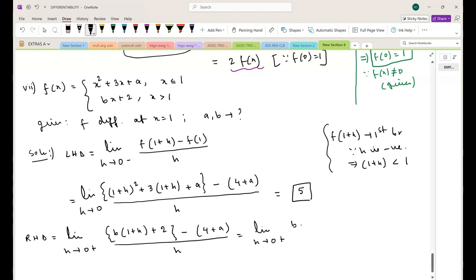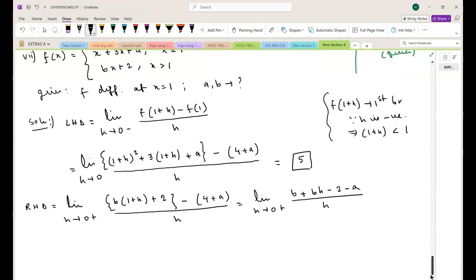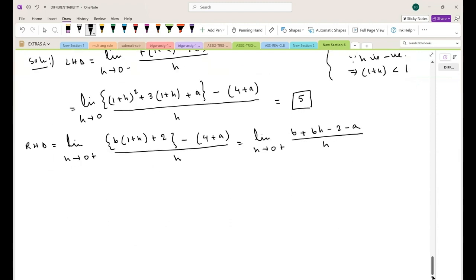Now we come to a very interesting part. (bh minus 2 minus a) by h. Now this portion bh by h I'm separating. So the h's will cancel, it will become b, so b comes outside. And the rest remains a function of h, that is (b minus 2 minus a) by h.